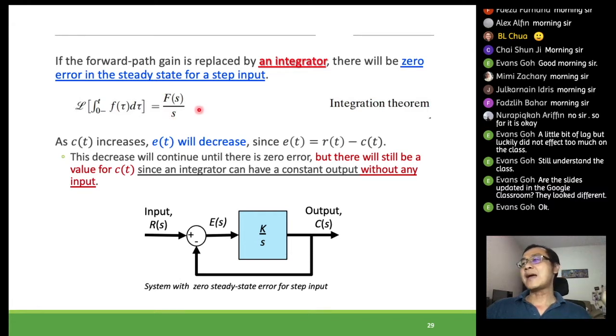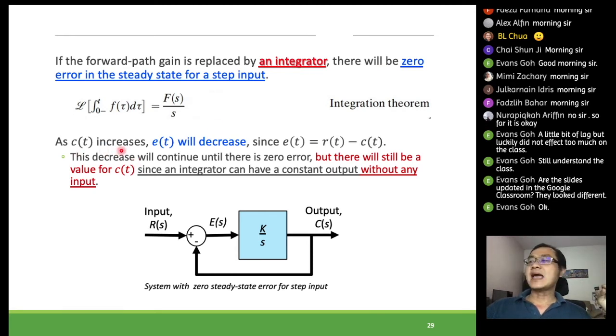When we change this to an integrator type, there will be a zero steady state error. Previously, because of using gain, there is always a finite steady state error, right? But here, by using an integrator, we will get a zero steady state error when we apply a step input.